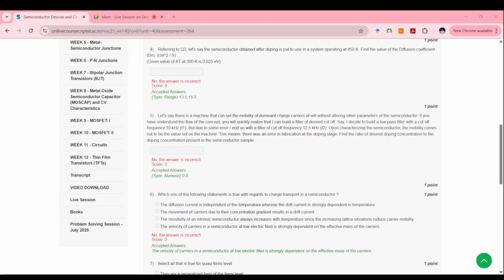So there is no issue with the mobility. This means there was an error in fabrication at the doping site.